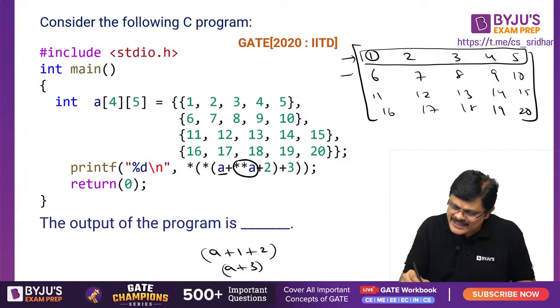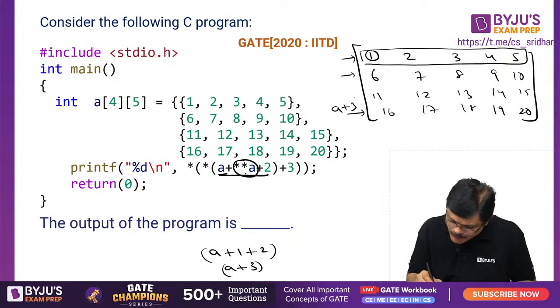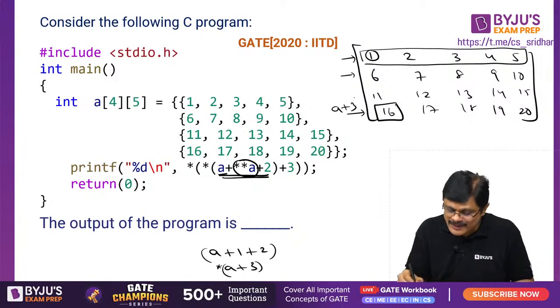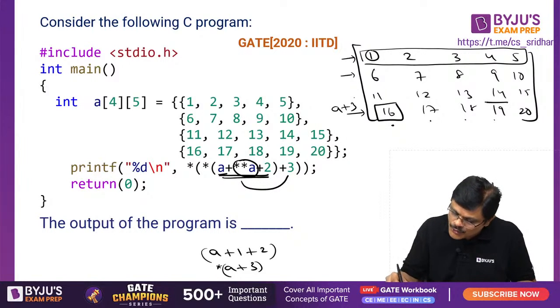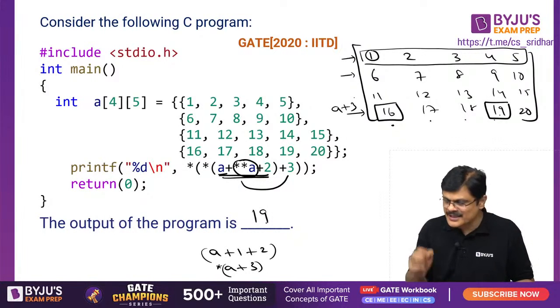This is A plus 1, A plus 2; you are talking about A plus 3. Star of this means you are talking about that location. For that location you are adding 3, so 0, 1, 2, 3. The value at that location is 19. So the answer is 19 for this.